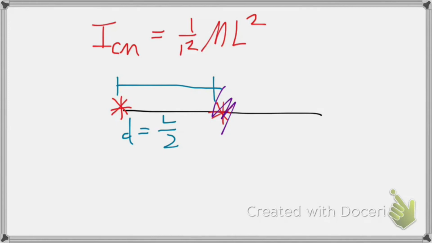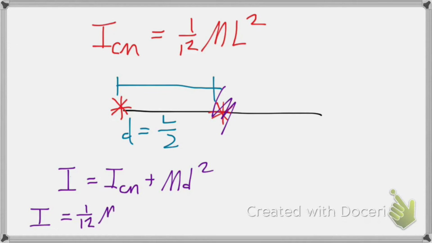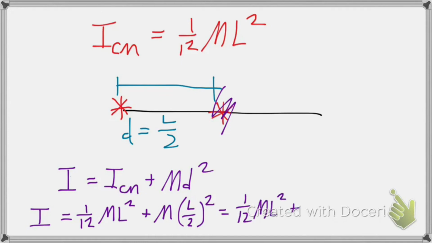So let's find the new moment of inertia using the parallel axis theorem. Here, let me rewrite the parallel axis theorem out real quick. I_CM plus M D squared. In our example, that'll become 1/12 ML squared plus M times D being L over 2 squared. I end up with 1/12 ML squared plus 1/4 ML squared.